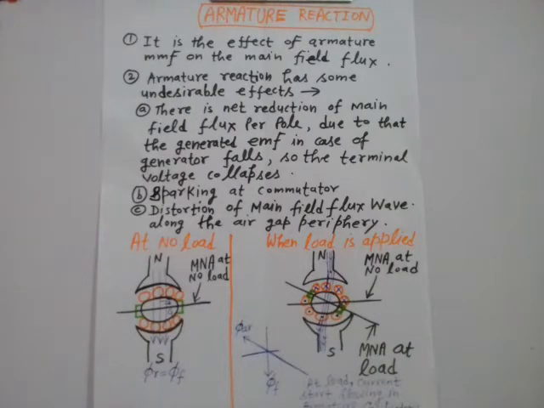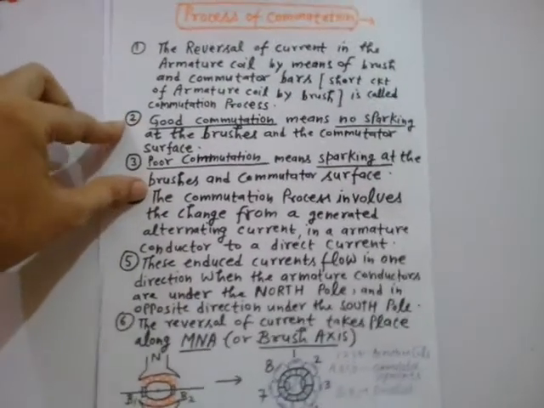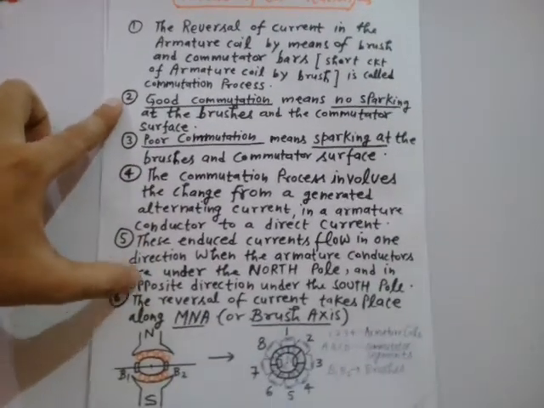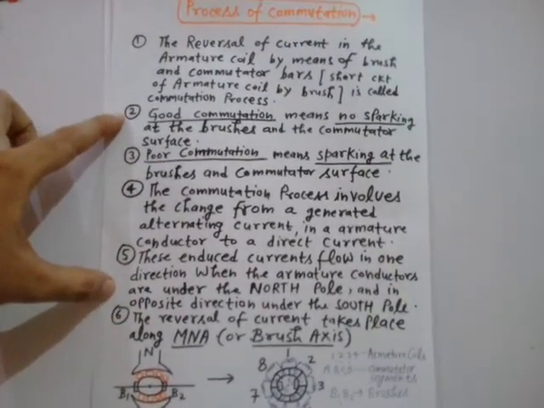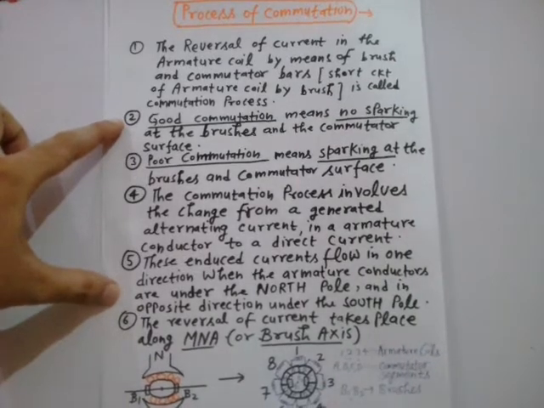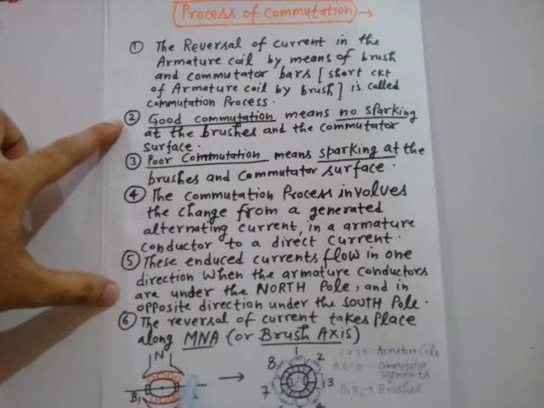This reversal of current takes place at the magnetically neutral axis. I have already discussed these things in detail in the process of commutation.